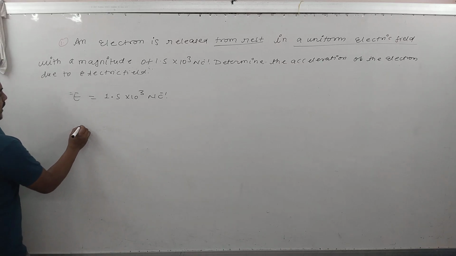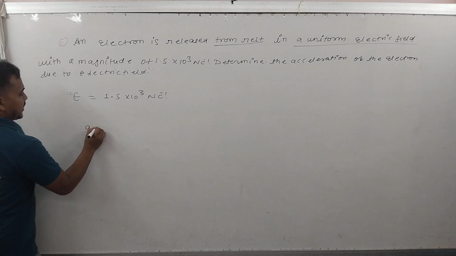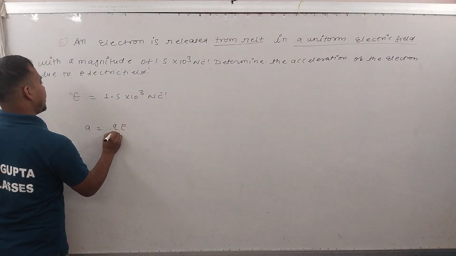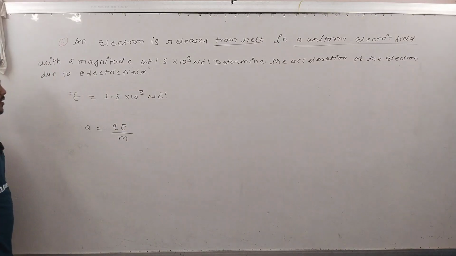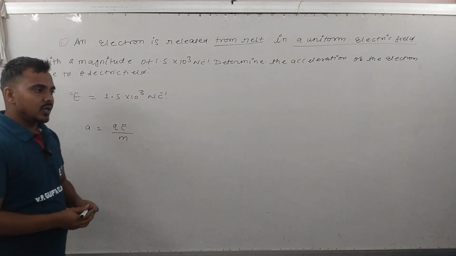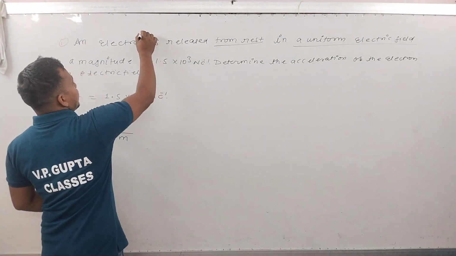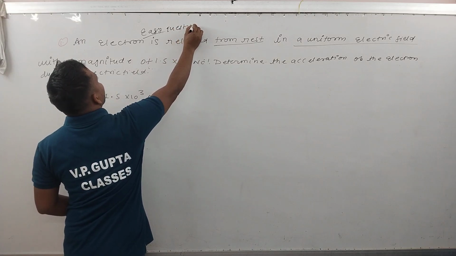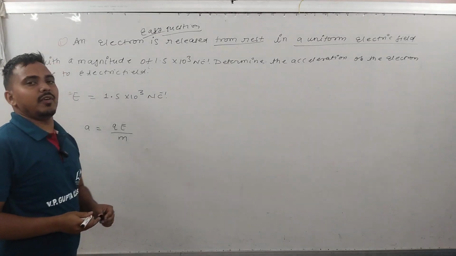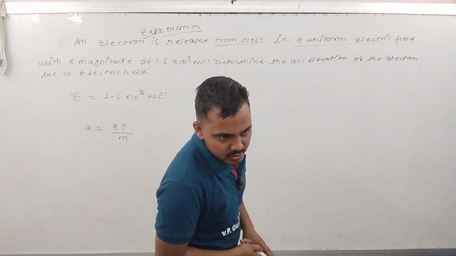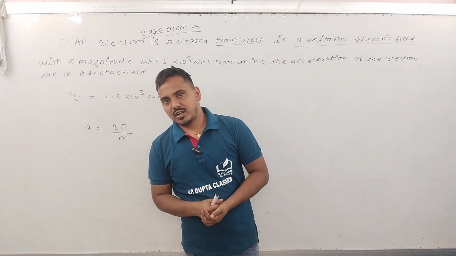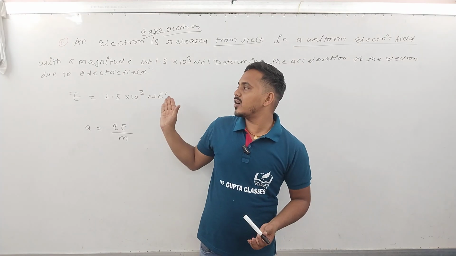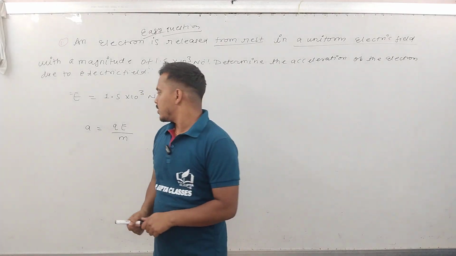As you know, the acceleration of a charged particle is equal to qE by m. This is a very simple question. It is an easy question. In the next lecture I will take moderate questions and then hard questions. It is only based on the formula.